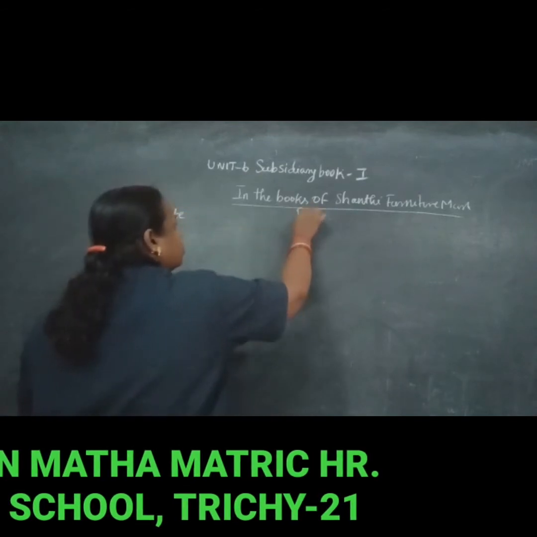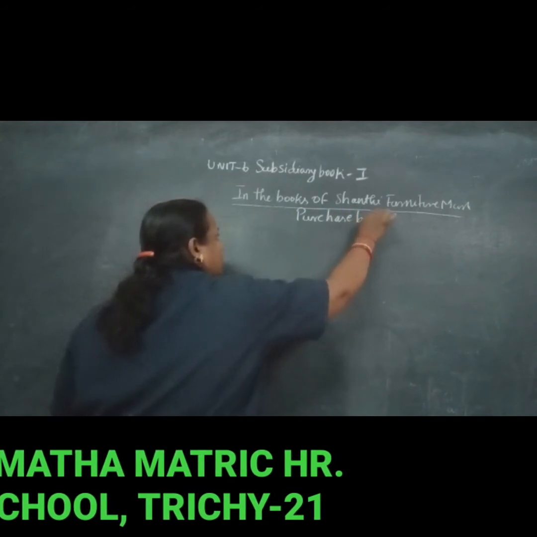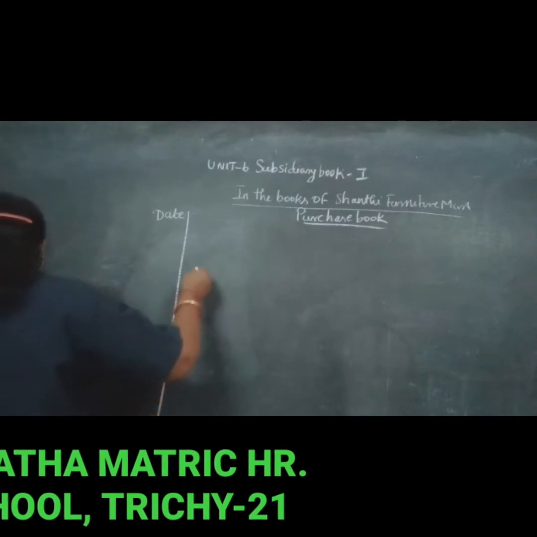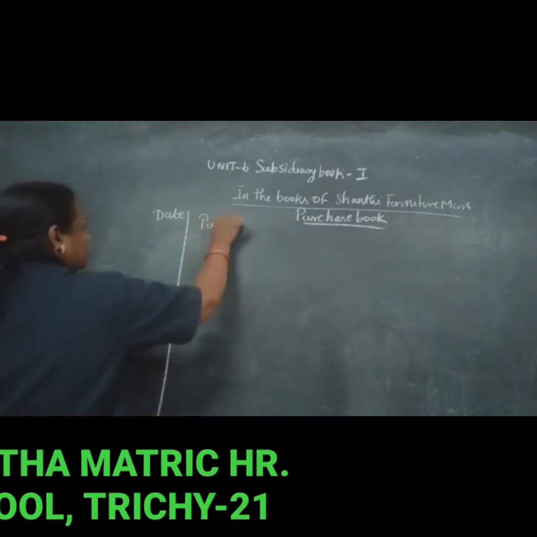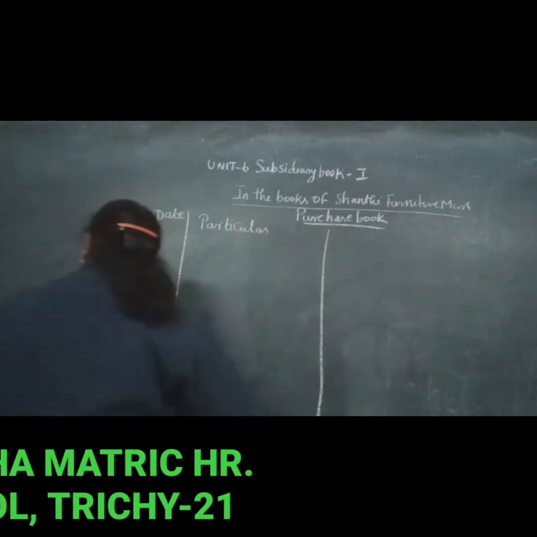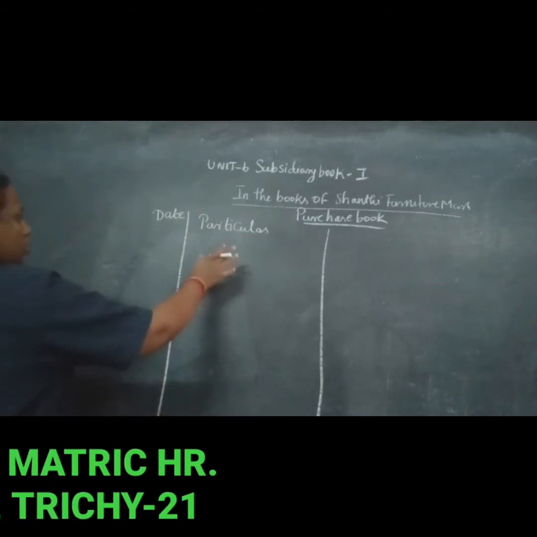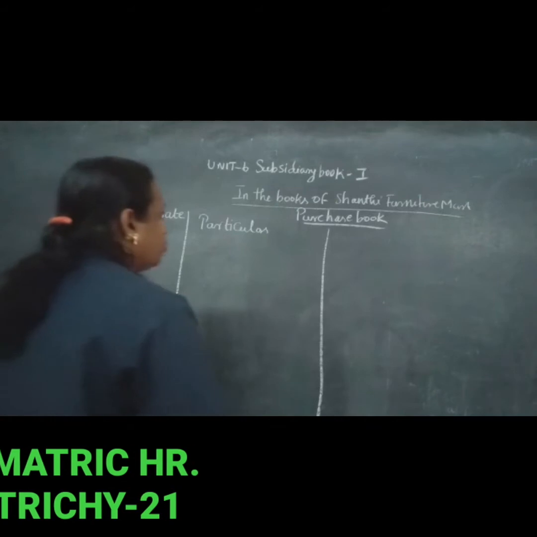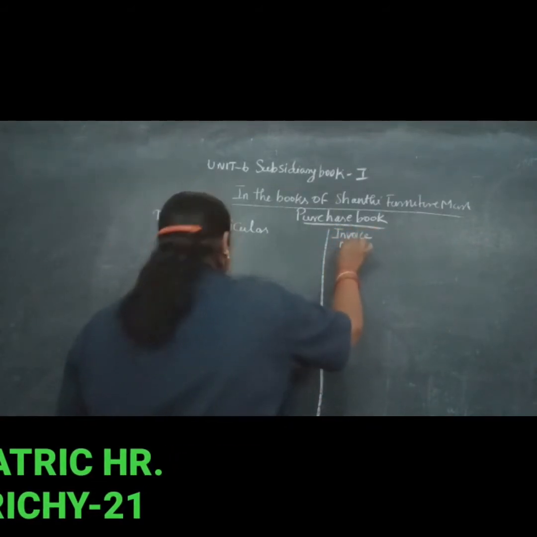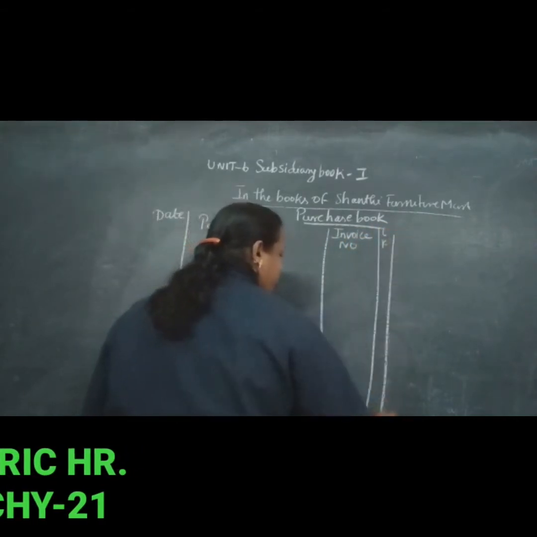Purchase book. First column, date column, and second column, particulars. Particulars: name of the suppliers and details of goods purchased. Then next column, invoice number. Next column, ledger folio.